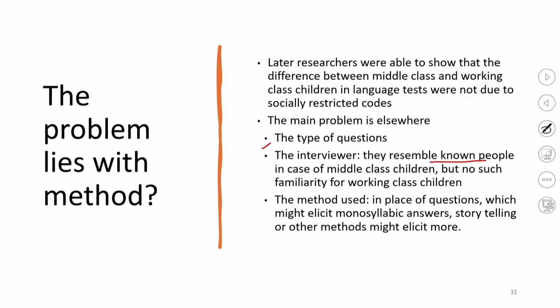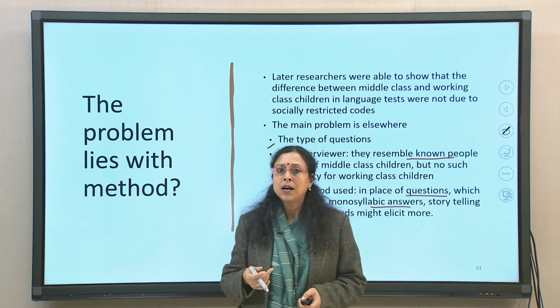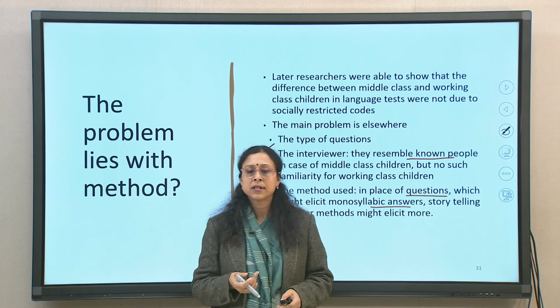So, that could also have impacted their linguistic output. And the methods used: in place of questions which might elicit monosyllabic answers, storytelling or other methods might have been more useful. So, these are some of the later day criticisms of Bernstein's codes.